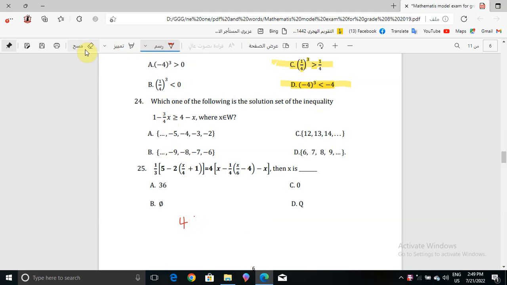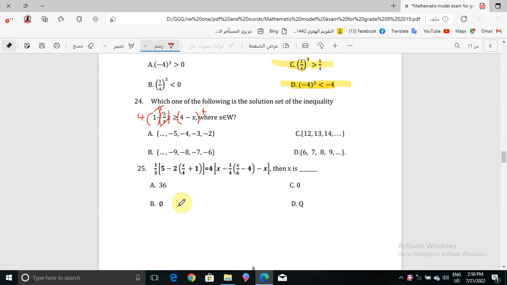Actually, first of all, before making multiplication, let's show you how to remove the 4 here. Multiply both sides by 4, to remove the 4 from 3 over 4, right? So here we will cut 4 by 4, and 4 times 1 is 4, minus 3, greater than or equal to 4 minus x multiplied by 4.